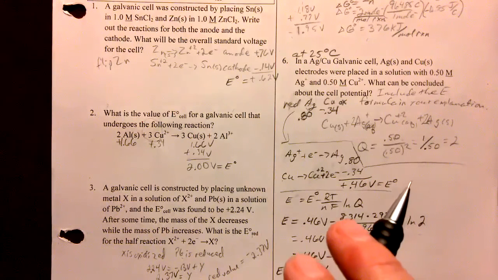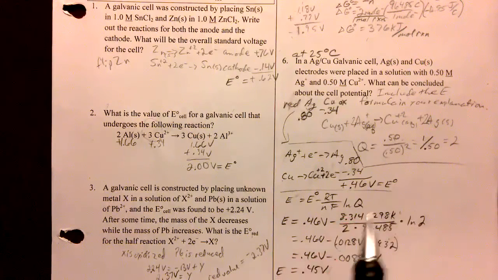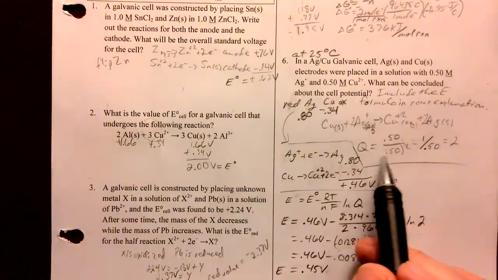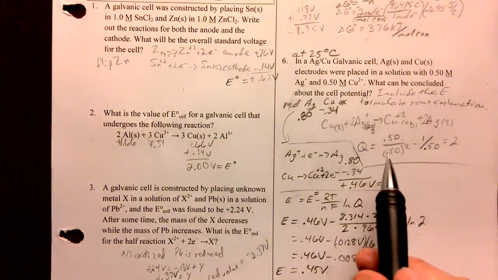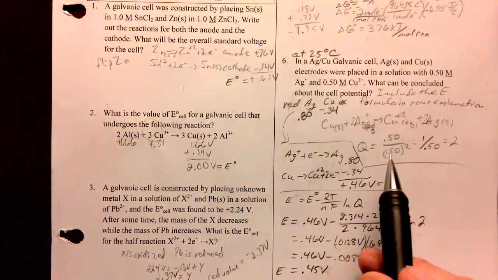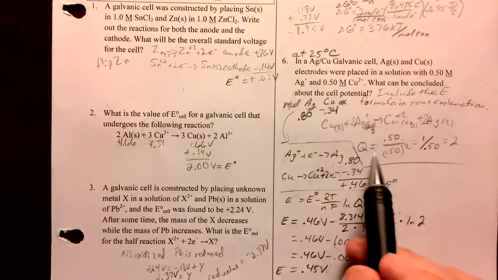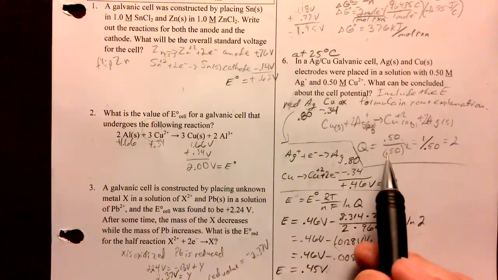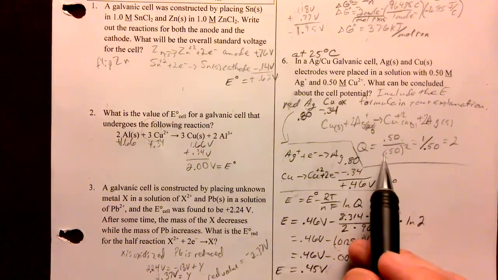The cell potential is approaching 0 at all times while you run it. We know that Q is getting bigger as you run it, and we also know that the cell potential under the current conditions is approaching 0. It's going toward equilibrium, so Q is approaching K, and when it hits K, the E potential of the current conditions of the cell will be 0.